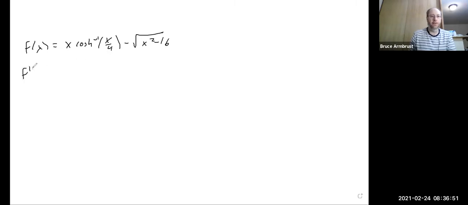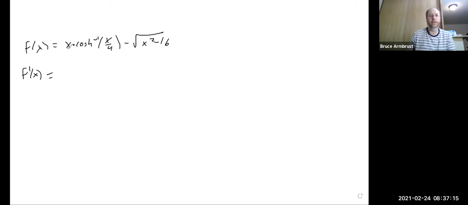For the first piece, this is going to require product rule because we've got x times cosh inverse of x over 4. And the other one's going to need chain rule because we've got something inside of the square root. So this is a bit of a blast from the past. Got to remember product rule and chain rule.